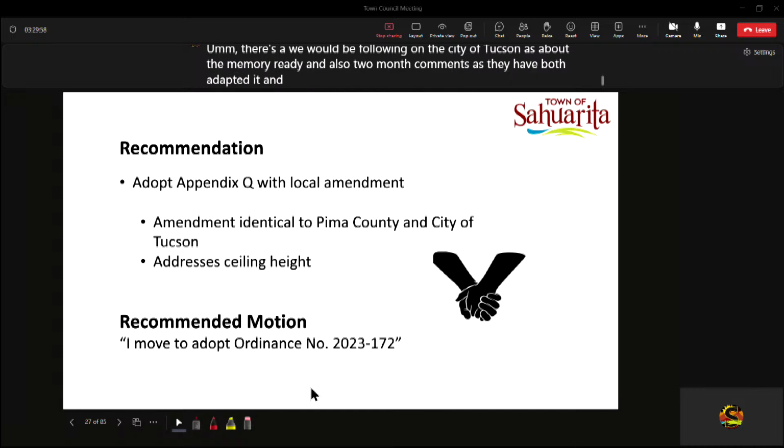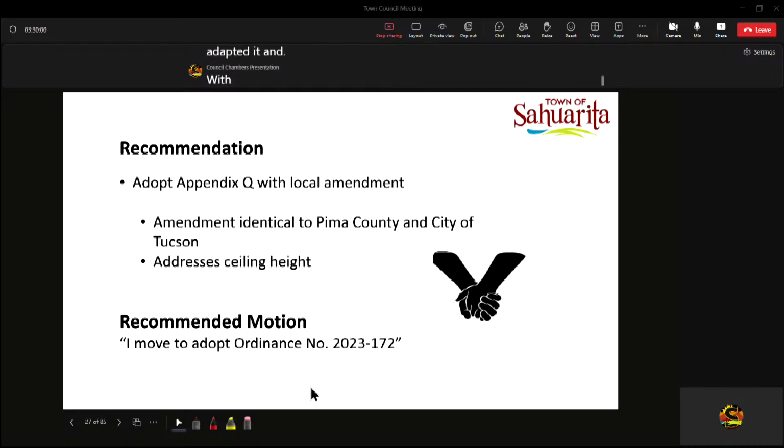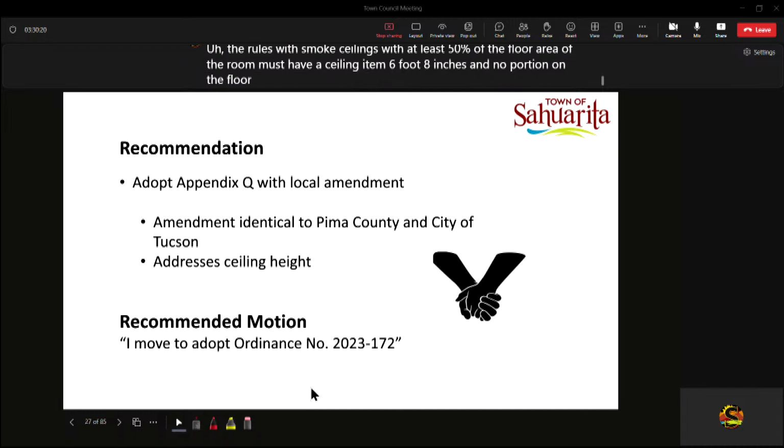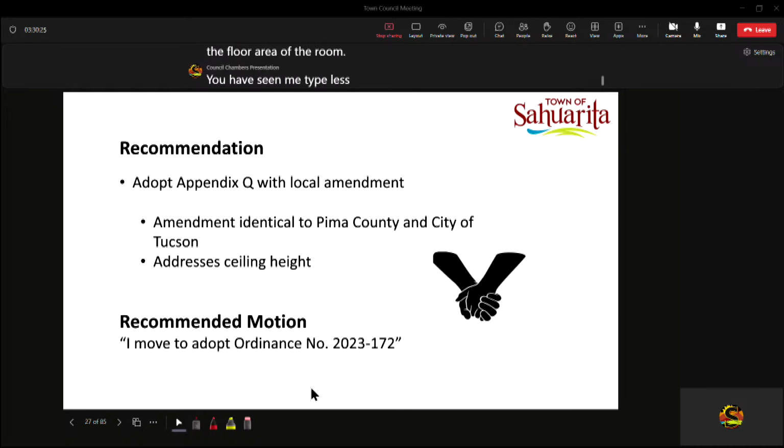And with just the amendment of the ceiling heights, for rooms with sloped ceilings at least 50% of the floor area of the room must have a ceiling height of 6 foot 8 inches, and no portion of the floor area of the room can have a ceiling height less than 5 feet.